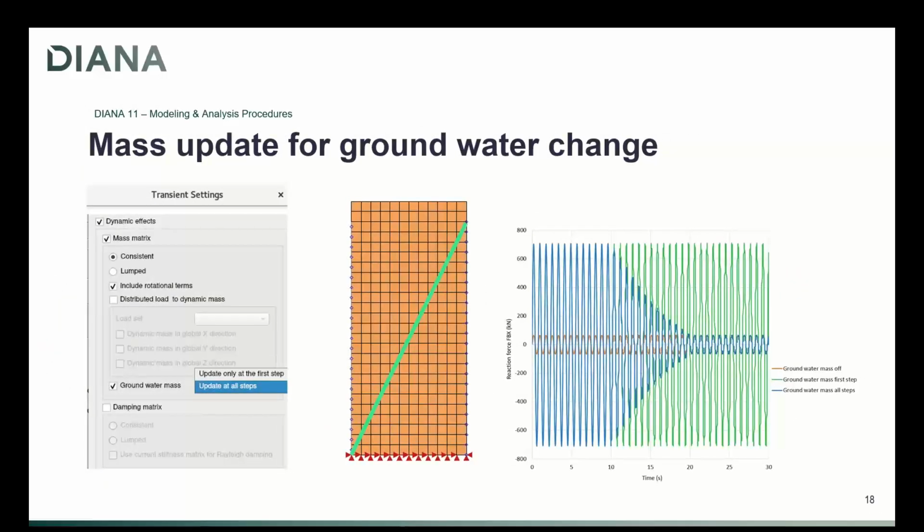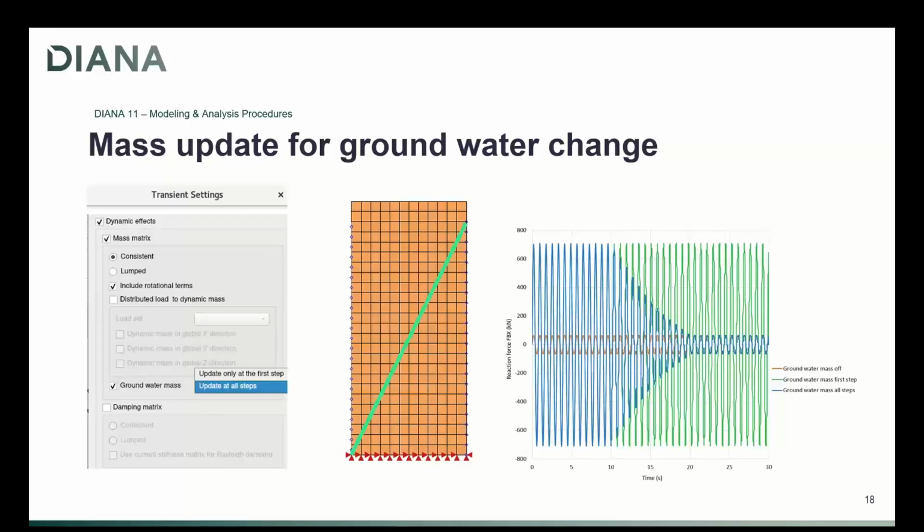In Diana 11, we have worked on the mass properties of groundwater. Previously, this was not considered. The mass of the groundwater was not considered in nonlinear time history analysis. Only the weight of the water was considered.